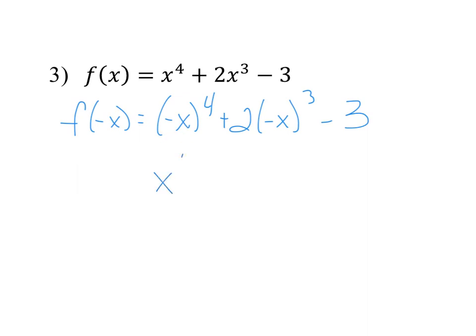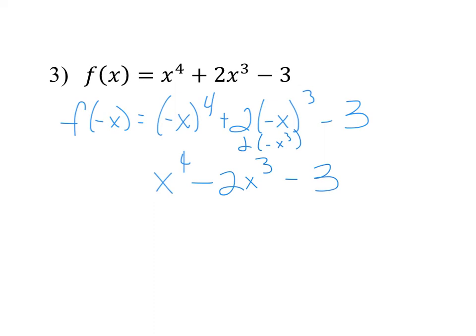So that's x to the fourth. This one is an odd exponent, so we always are left over with one extra negative. So this is going to be 2 times negative x to the third. So it's negative 2x to the third minus 3.